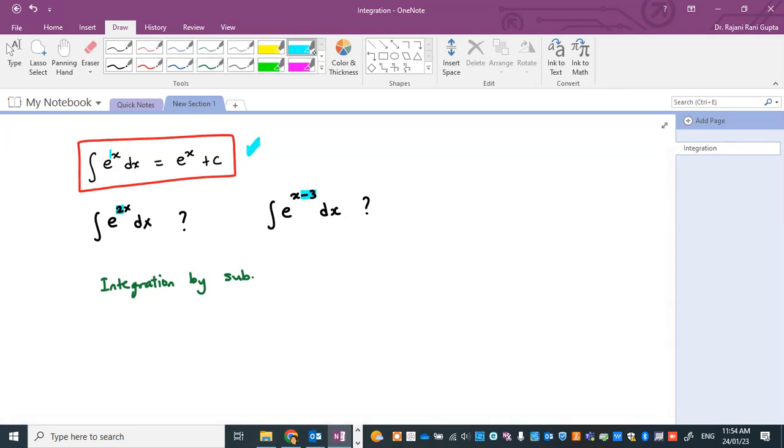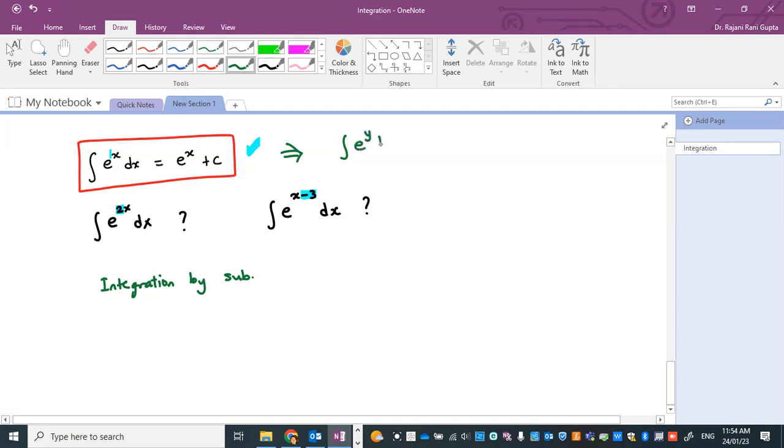So for that, what we will do is convert these questions into a form such that we are able to use this rule. Before we go to that, I hope you are aware that x is a variable. So this rule is valid for any variable, any notation.